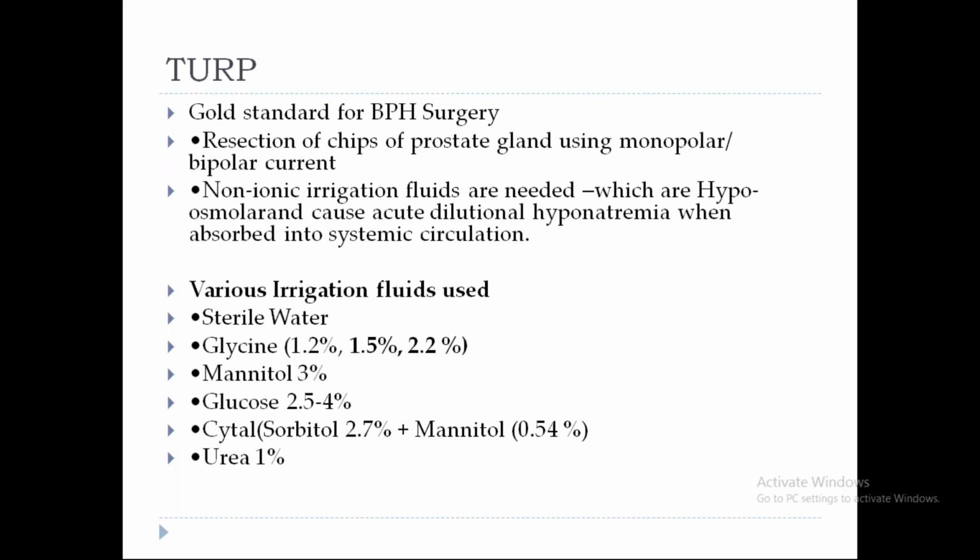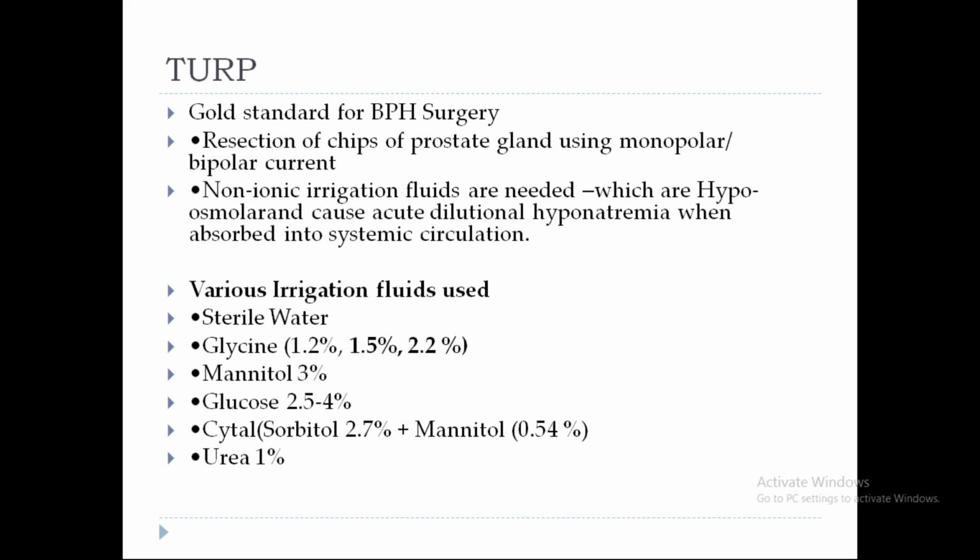So what do you do in TURP? From the urethra, a scope is passed, like a cystoscope, and resection of the chips of prostate gland using monopolar or bipolar current is done. These chips are again sent for biopsy.